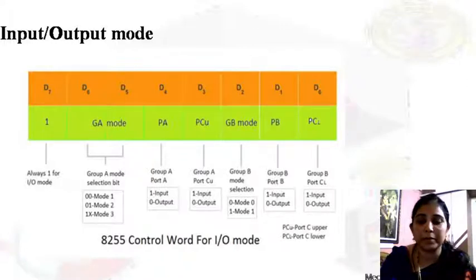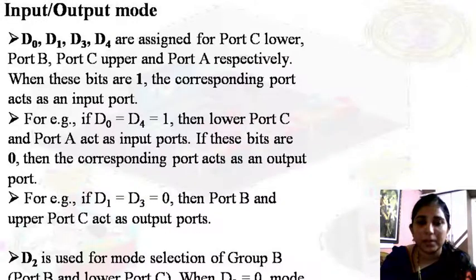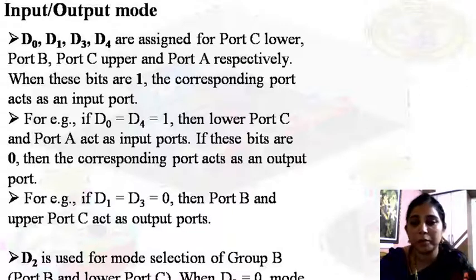The same thing is given here. For example, if D0 and D4 are equal to 1, that is, when the D0 bit and D4 bit are high, then port C lower and port A act as input ports. If these bits are 0, the corresponding port acts as an output port.